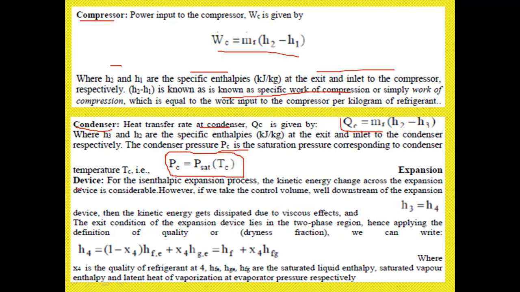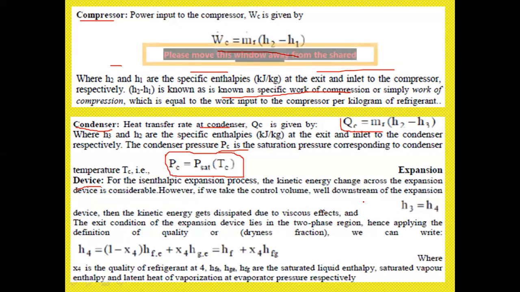Next, the fourth one is the expansion device. For the isenthalpic expansion process, the kinetic energy change across the expansion device is considerable. If we take the control volume well downstream of the expansion device, then the kinetic energy will be dissipated and H3 is equal to H4.